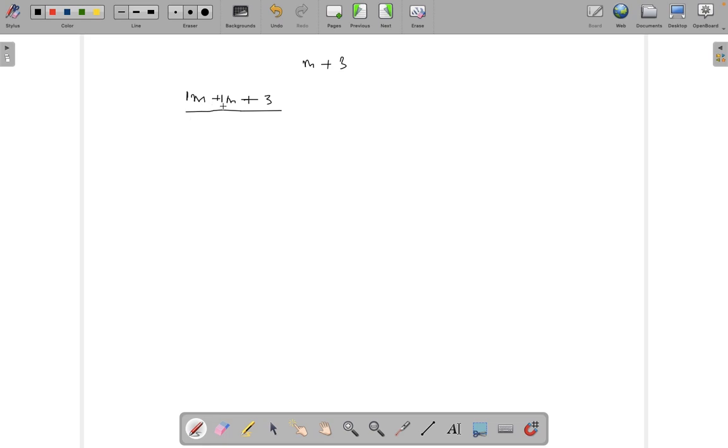So m plus m becomes 1 plus 1 is 2, so 2m plus 3. You can simplify an algebraic expression, but if I give you m plus 3 equals 5, then you can say m is equal to 2. So this is an equation, this is an expression. You can simplify an expression, you can solve an equation. Okay, any question?